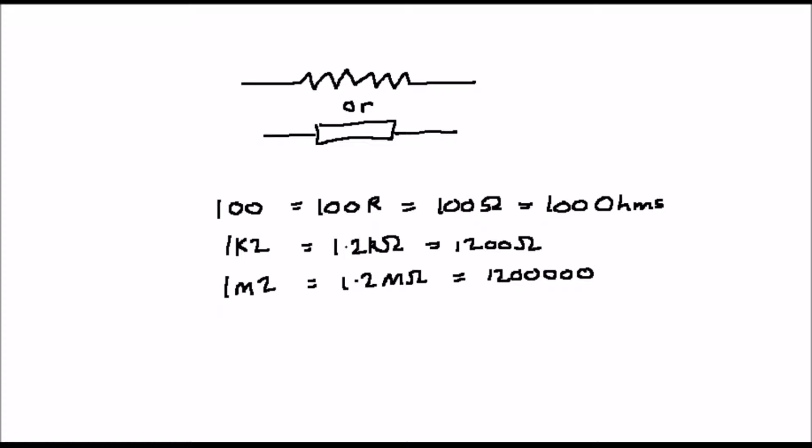So why might we want to add a resistor into a circuit in the first place? Well, there are 3 basic reasons, and I'll explain these one at a time.